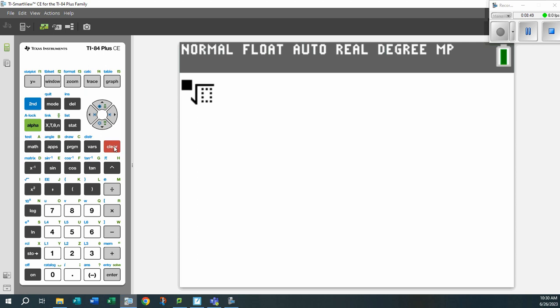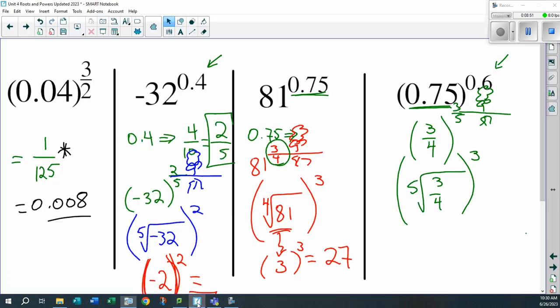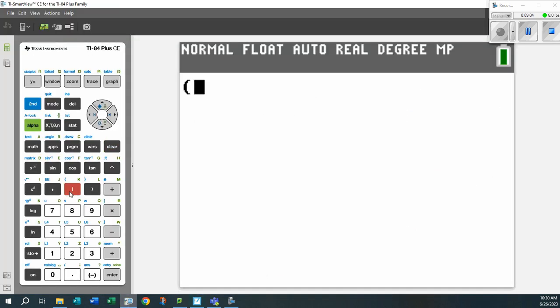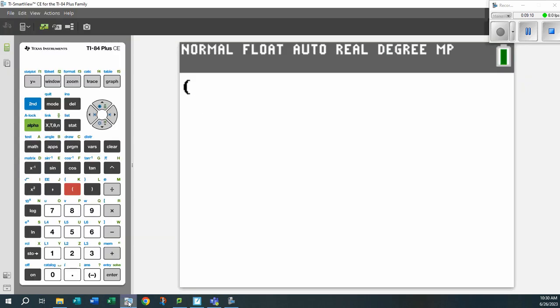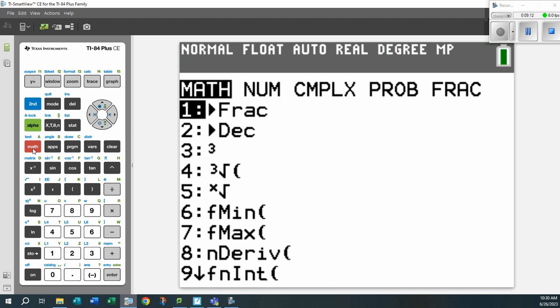Okay? But before you put that in, I want to show you. Remember, all of this is cubed, right? I want to show you how to do this in one easy step. Put the brackets in first. Watch this. If you put the bracket in first, then you're going to root it, because look what we got next. We got the 5th root of 3/4. Okay, so you're going to go over to math. You're going to go down to 5.